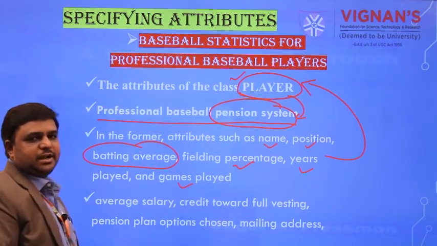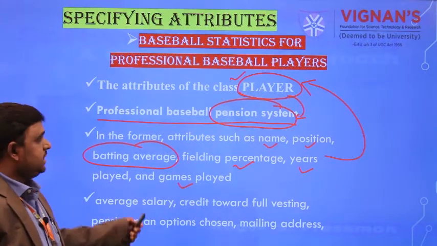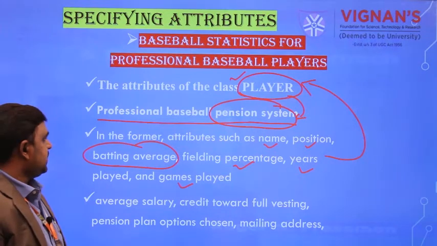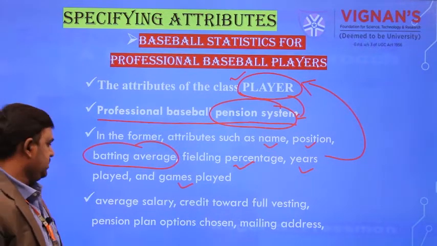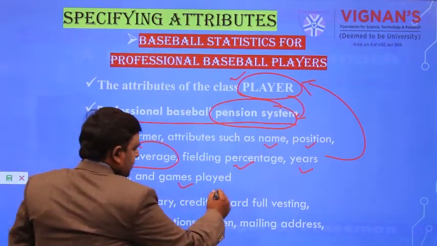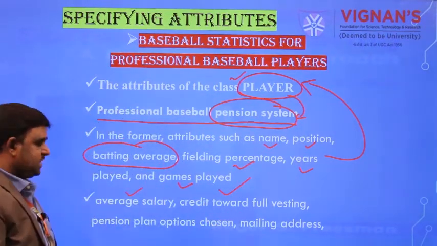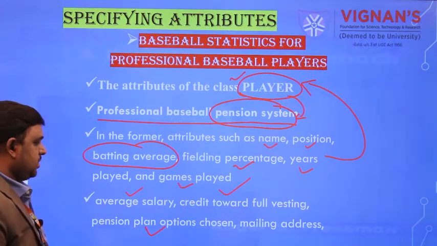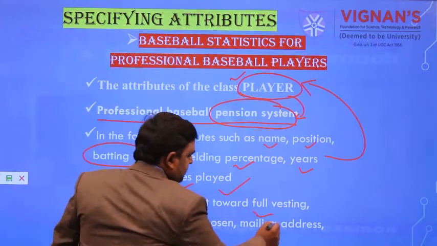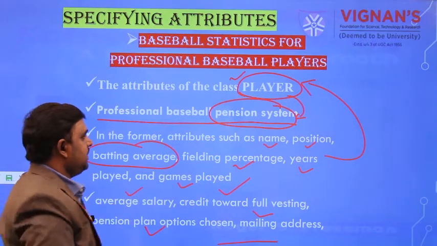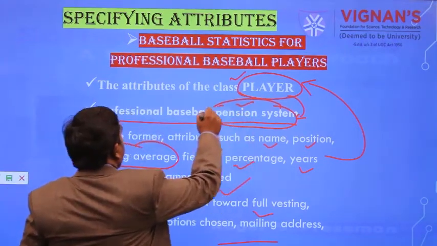For developing the professional baseball pension system, we will be having different attributes like the average salary of a player, his credit towards full vesting, whether he is having pension plan options or not, and mailing address. These are the additional attributes which we need to specify while developing the pension system for these baseball players.